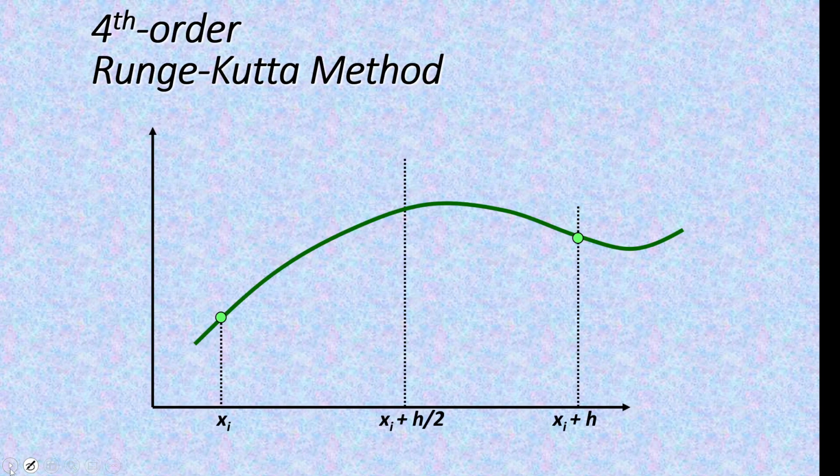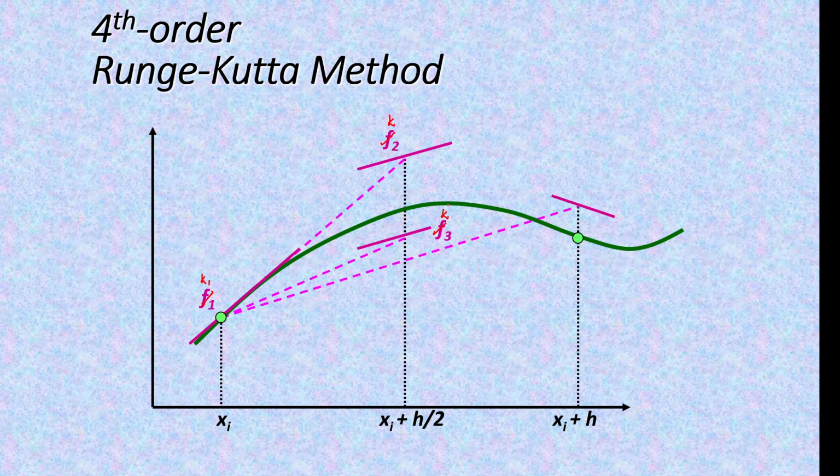And this is a graphical view. The first one should be the K1, this should be the K2, this one is the K3, and this is the K4.